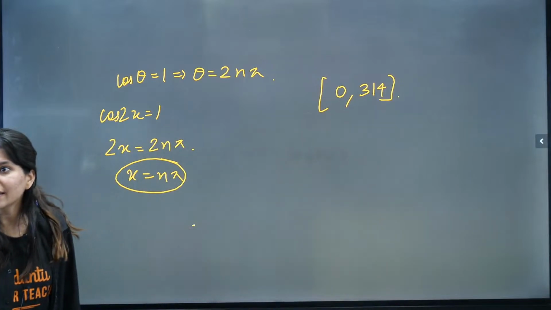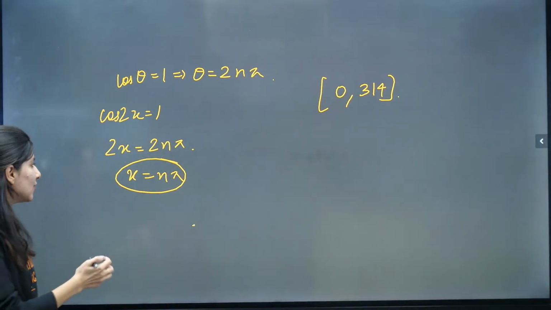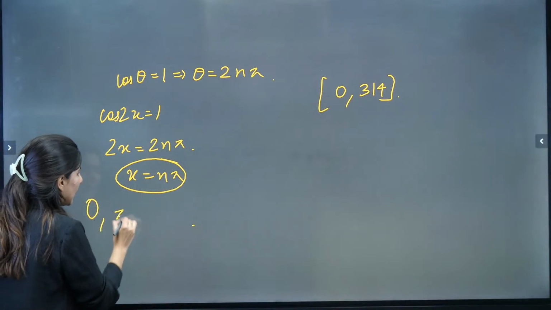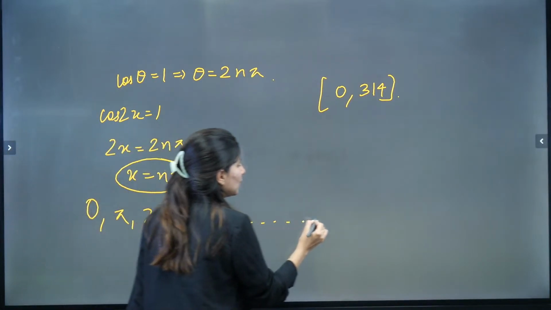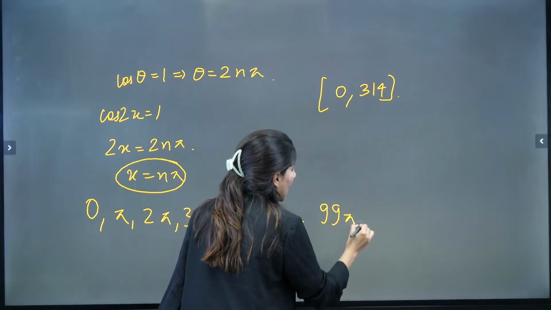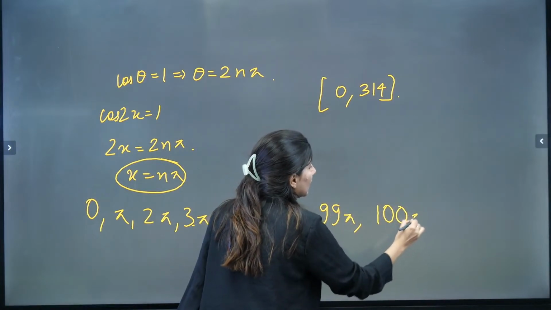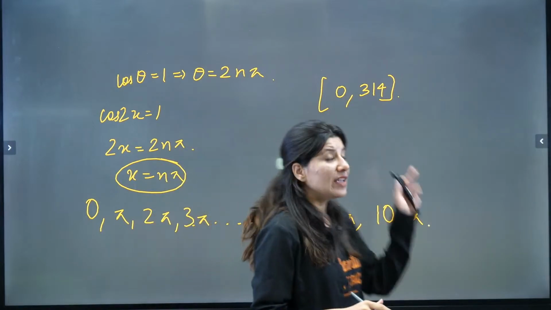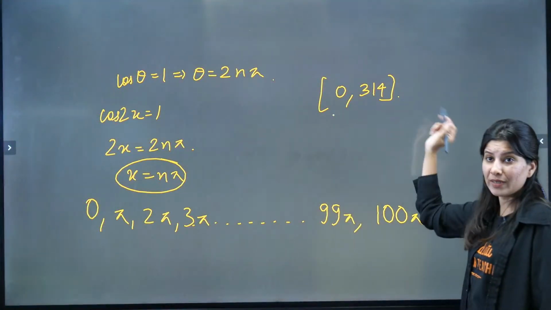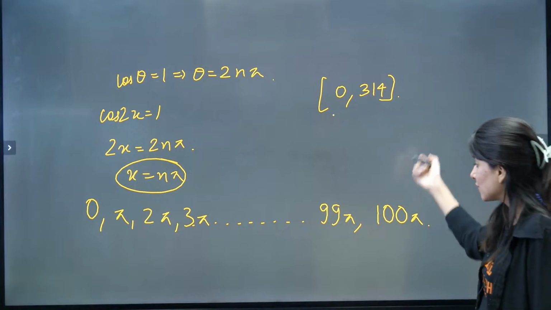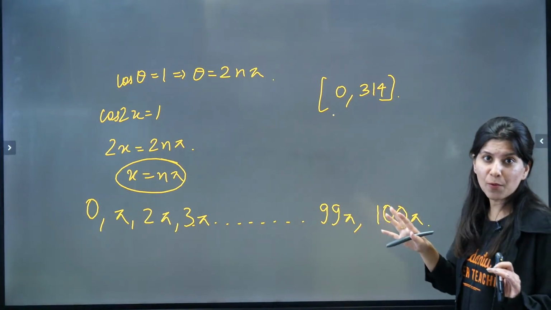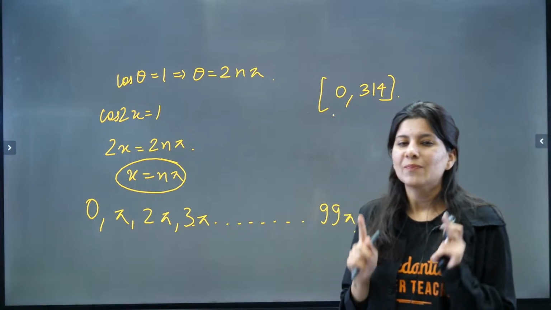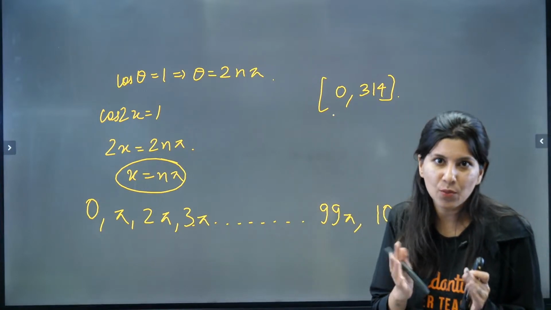Let me just start writing it. Yes, all integral values of pi. So 0 pi, pi, 2 pi, 3 pi and all the way up to 99 pi. And what about 100 pi? We have to be in this range, we cannot surpass this range. The value of 100 pi is around 314, but the value of pi is greater than 3.14.